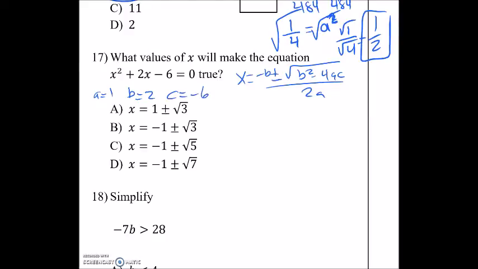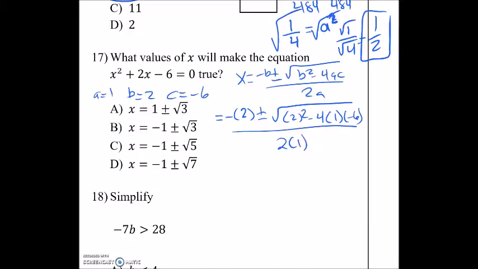So when we substitute these values, we have -2 plus minus the square root of 2 squared minus 4 times 1 times the -6, all over 2 times 1. So this here becomes a -2 plus minus the square root of 4 plus 24, which is 28, over 2.